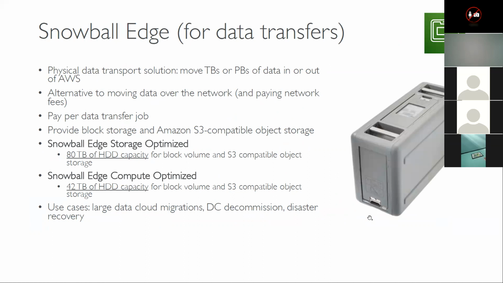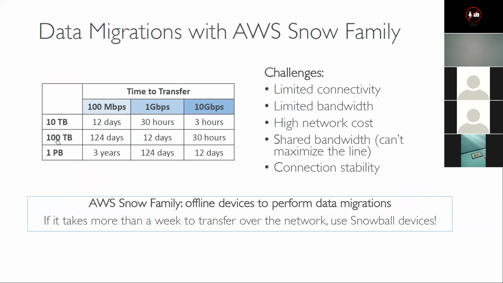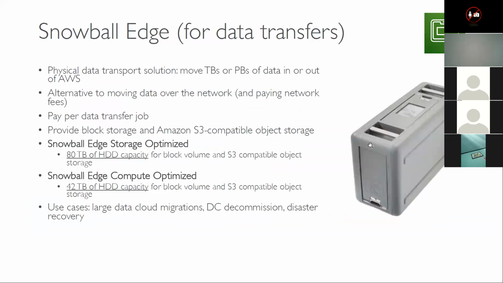Ito yung Snowball. Nakakita na ba kayo? So physical data transport for terabyte and petabyte. Alternate to move data over network. Kasi nga, let's say 100 terabyte, abutin ka ng 124 days. Mag-snowball ka na lang, lagay mo data mo dito, copy mo dito, ship mo Singapore, Hong Kong, tapos kakabit nila sa S3 data center nila, kakopy nila yan.